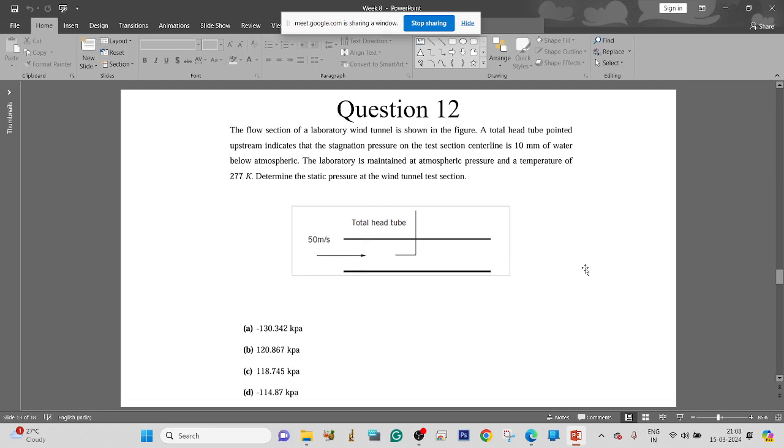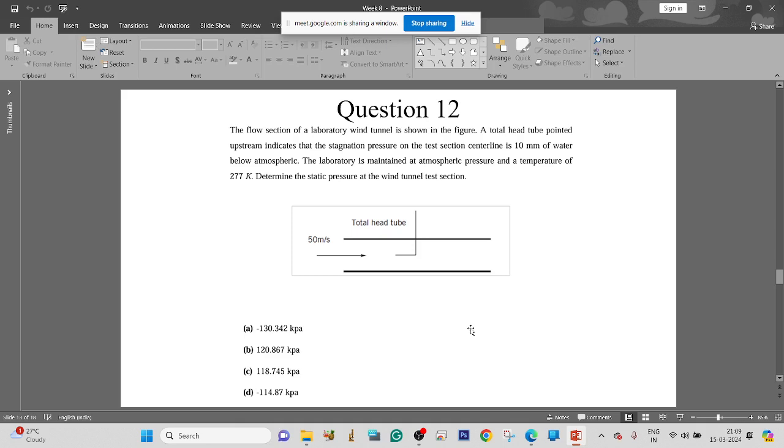It says that the flow section of a laboratory wind tunnel is given. The total head pointed upstream indicates the stagnation pressure, and the stagnation pressure at the test section center line is given as 10 mm of water below atmospheric pressure. The laboratory is maintained at atmospheric pressure and temperature. Determine the static pressure of the wind tunnel's test section. So it's very easy. The stagnation pressure is equal to atmospheric pressure minus rho gh, right?